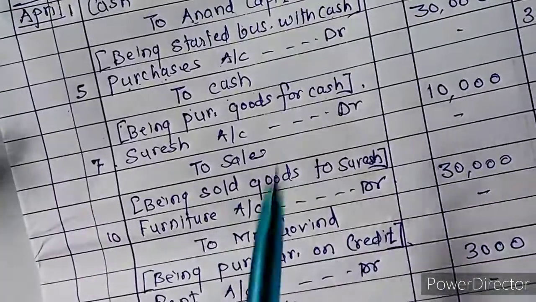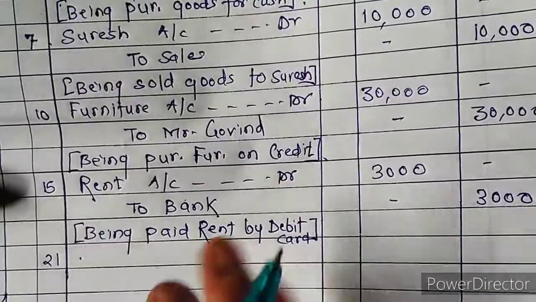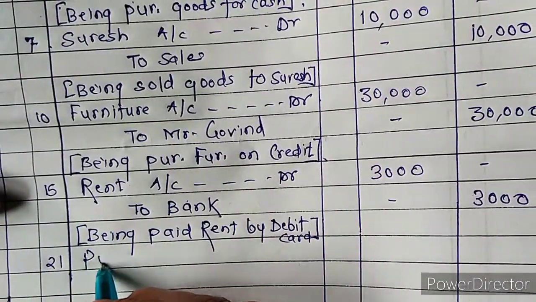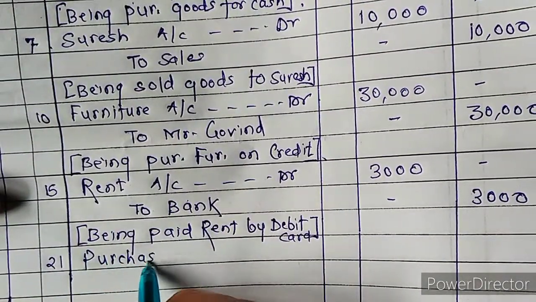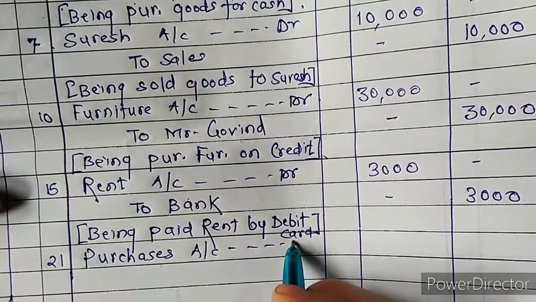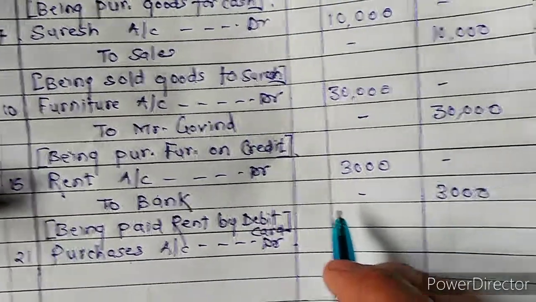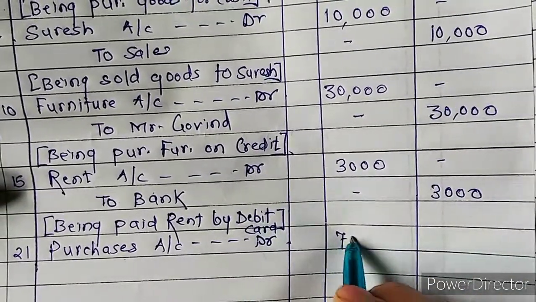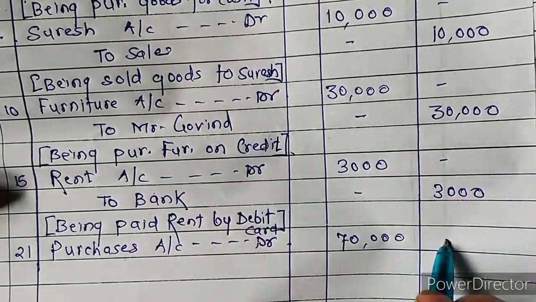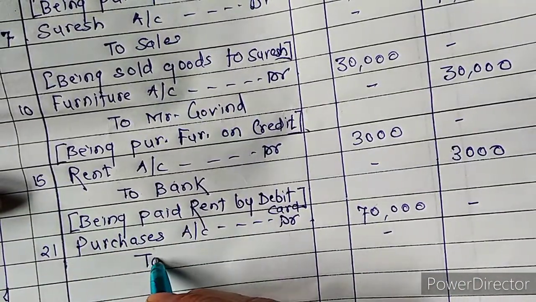On 21st April, purchases account debit, and the amount is 70,000, and goods are purchased from Urmila on credit.